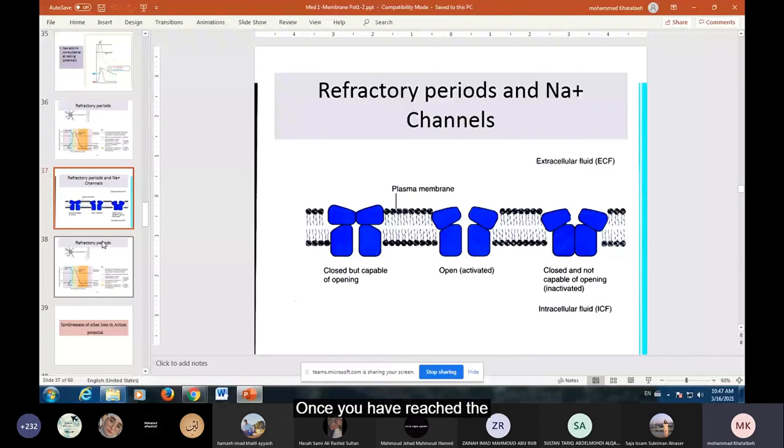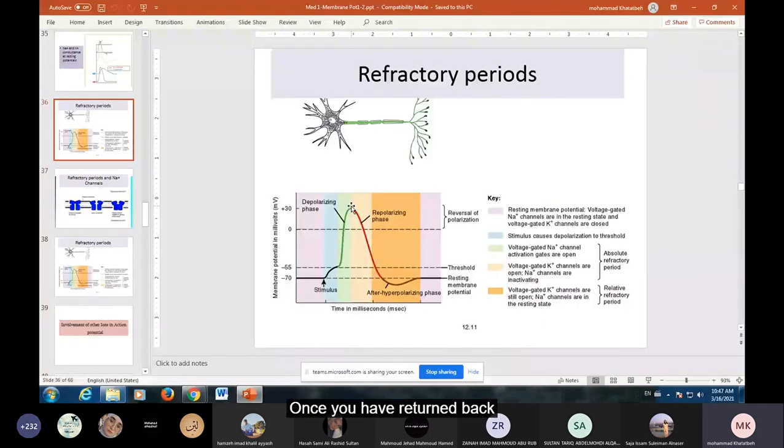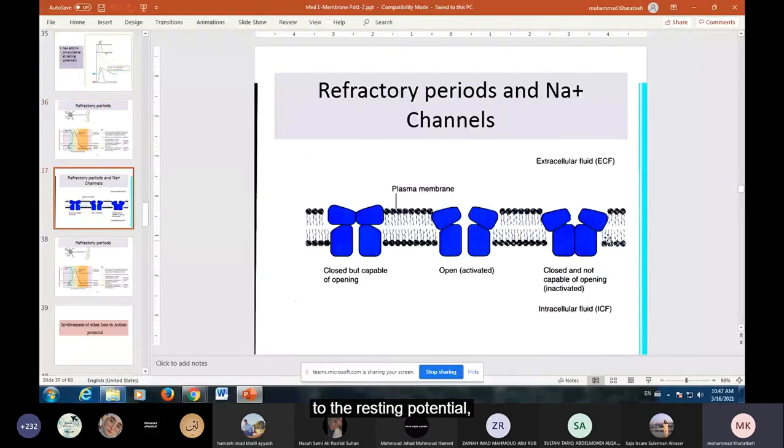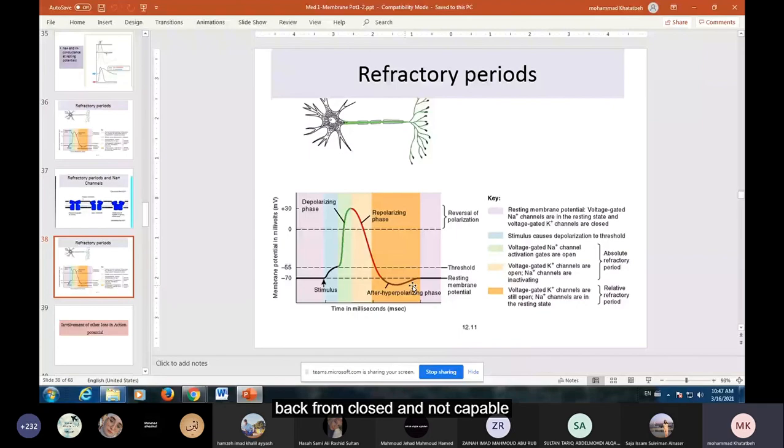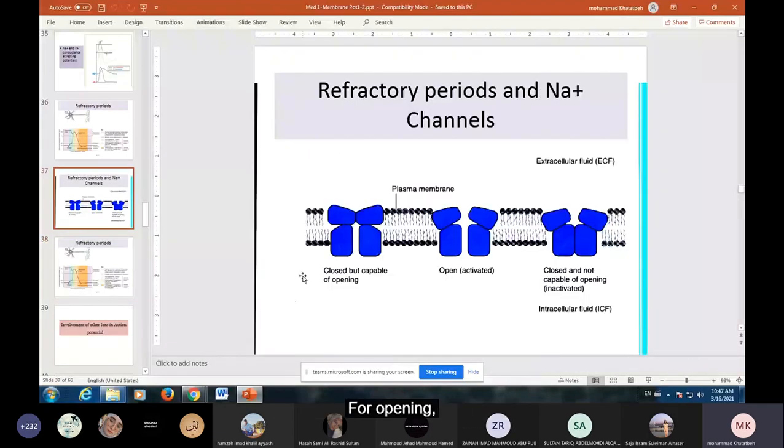Once you have reached the threshold, they are in that phase. Once you have inactivated them, starting from the tip of the action potential, you are getting them closed and not capable of opening. Once you have returned back to the resting potential, you are getting transformation back from closed and not capable of opening to closed and capable of opening.